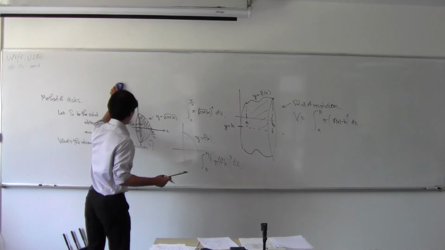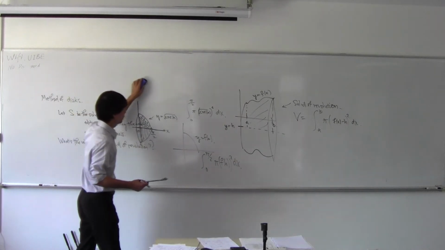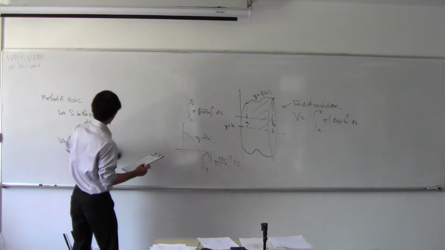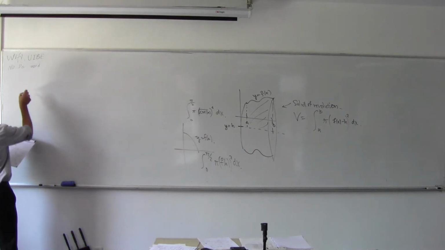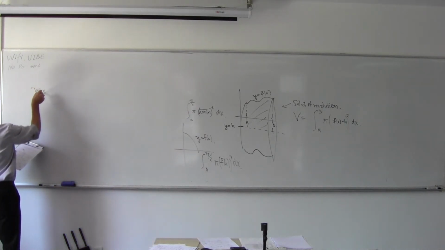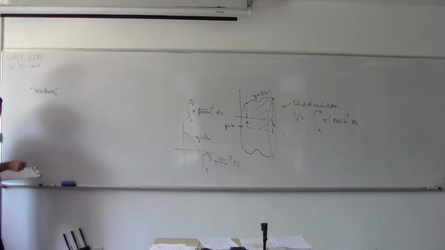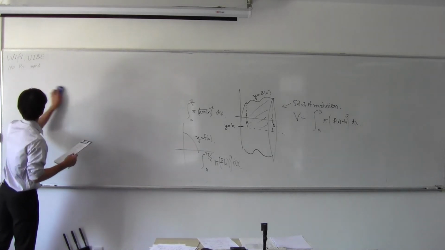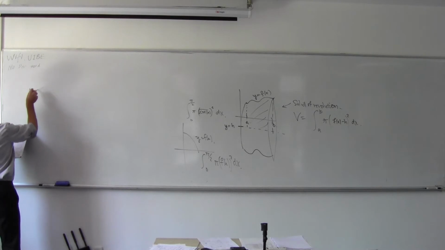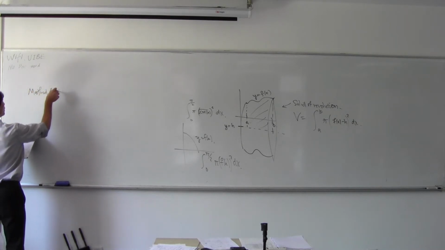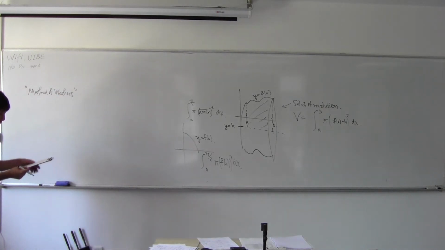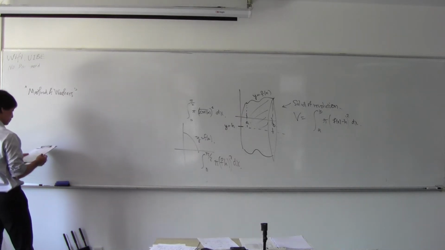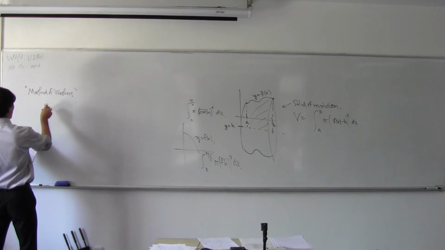Let's do a slightly harder thing where what you do is you cut out a hole in the middle. So this is called washers. Okay, the method of washers. Let's just do an example.